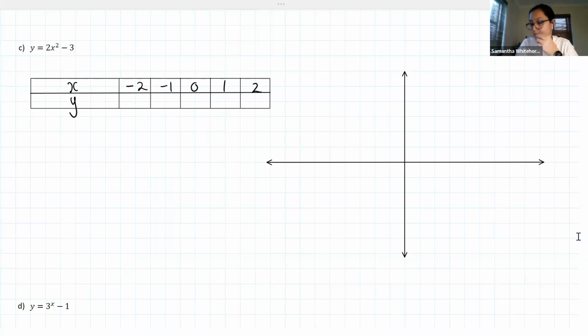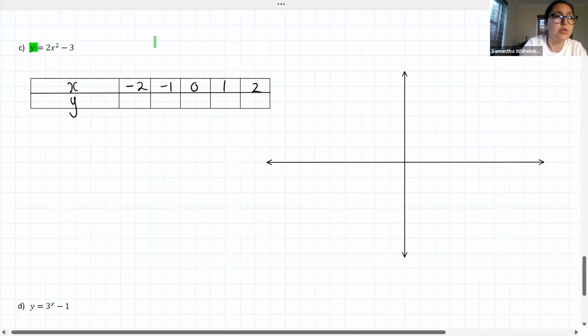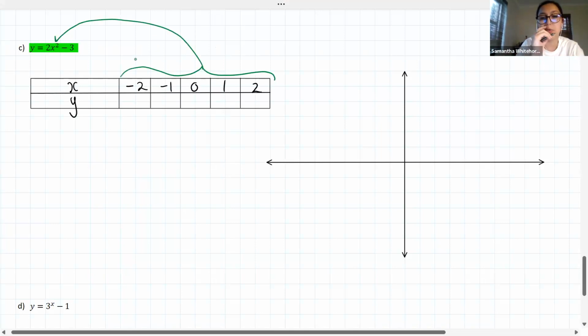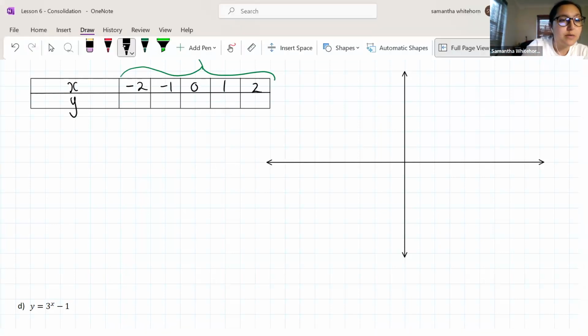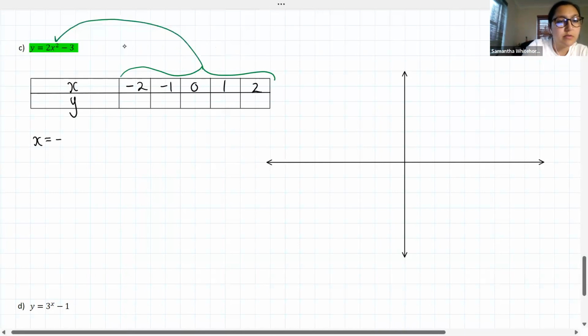But what we want to do here is take this rule of y is equal to 2x squared minus 3. And we now want to substitute these input values in place of x to get an output. So I'll do the first one with you, but you're going to do the other 4 by yourself. So if we look at our first one, we've got x is equal to -2, and I'm going to substitute that into my equation.